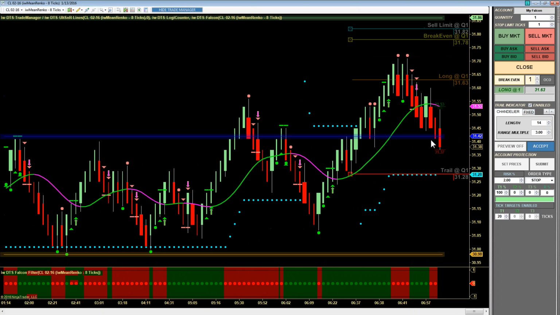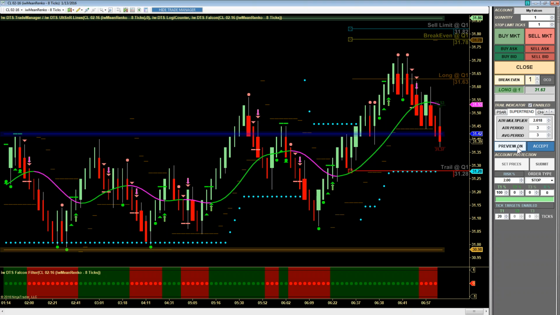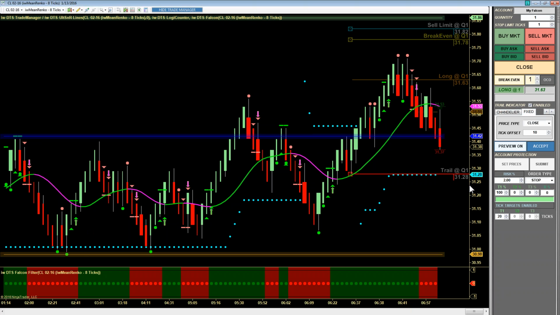It is based on ATR, as is the super trend. The super trend strategy is another one of these that is an ATR derivative. We also have something like a fixed tick stop, just your basic X number of ticks above the high or low.